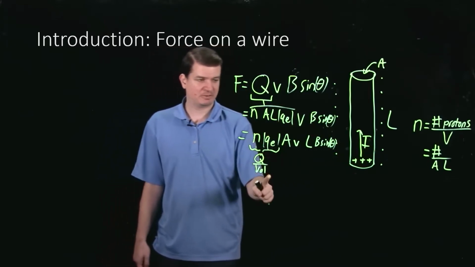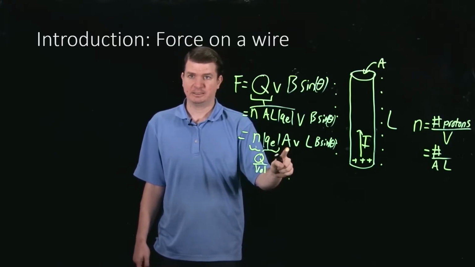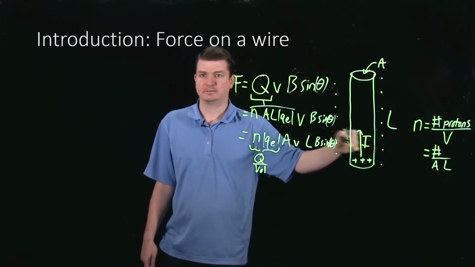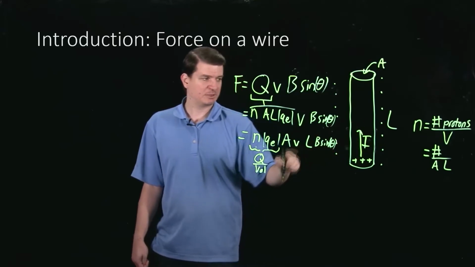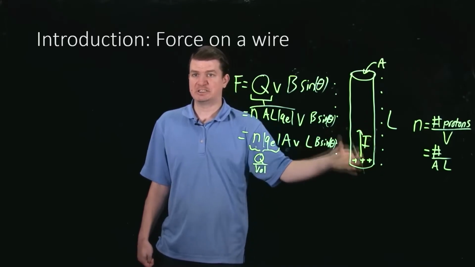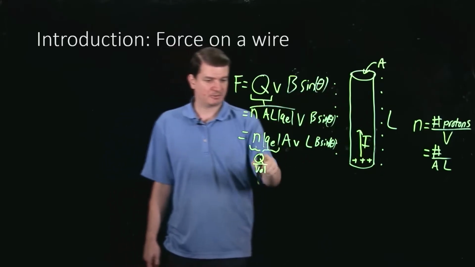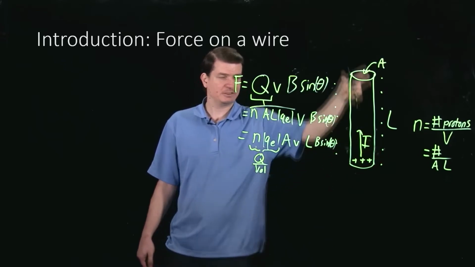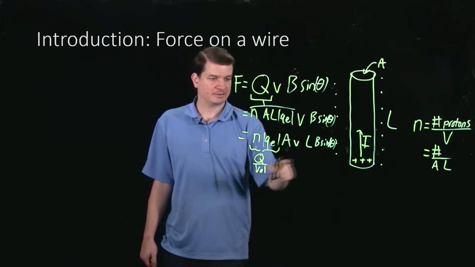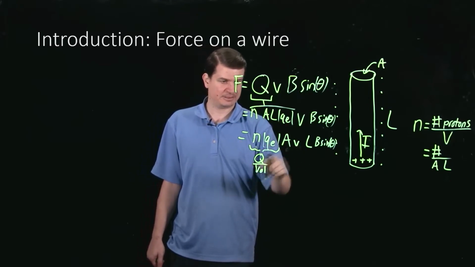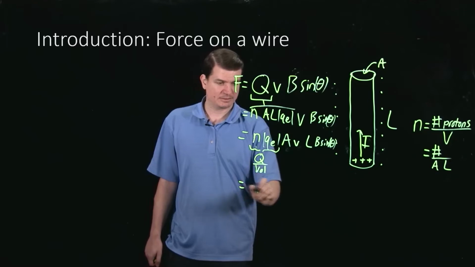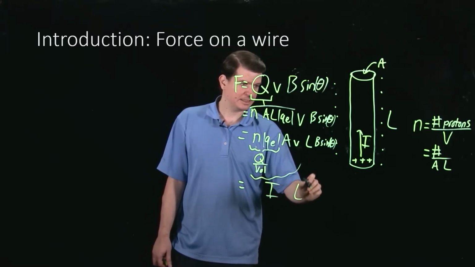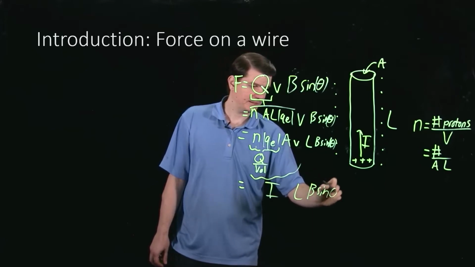So if this is the number per volume and I multiply by area, that gives me how much is in that little disk. And if I multiply by the velocity of the charges, that tells me how much is flowing through there. So the charge per volume times the area times the velocity gives me the rate at which charge flows. So this, n q_e A v, is the current I, and then there's the L, B sine theta.